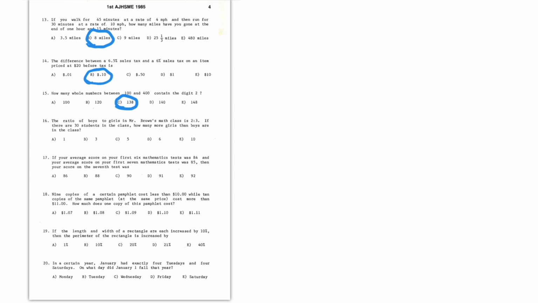Number 16. The ratio of boys to girls in Mr. Brown's math class is 2 to 3. If there are 30 students in the class, how many more girls than boys are in the class? So, boys to girls, the ratio is 2 to 3.